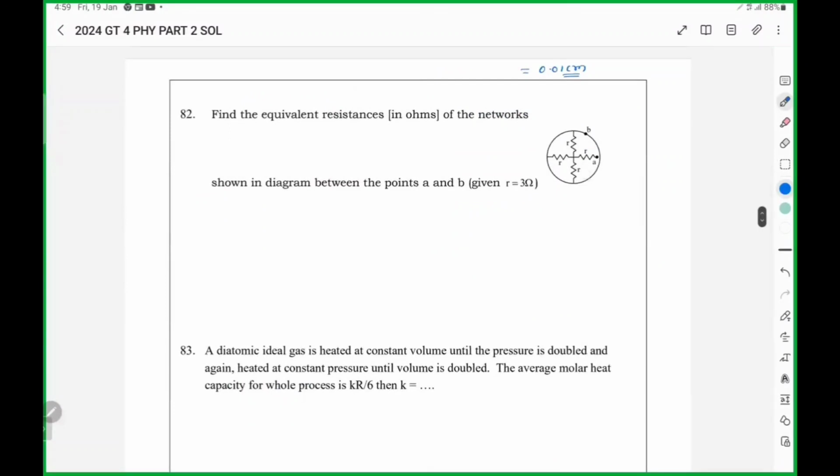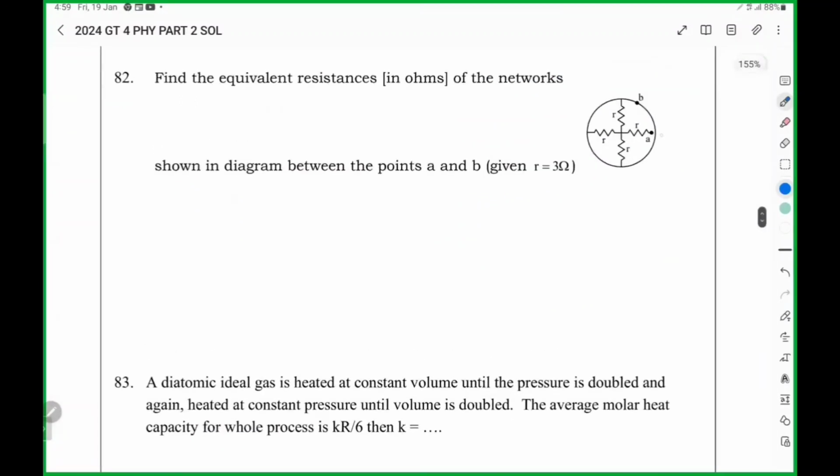Here, let us take this point as A, and this as C. Between A and C there is one resistance. Here D, E, F. So between B, D, E, F there is no resistance.